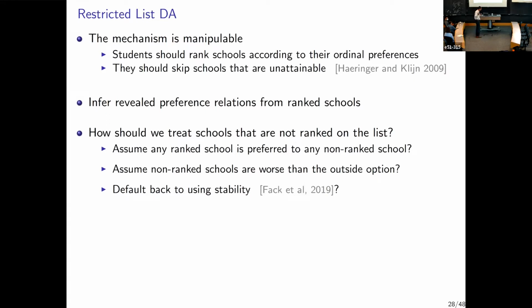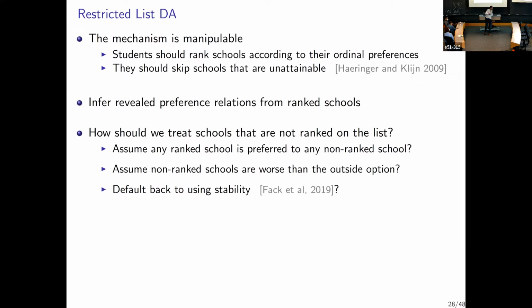Now, this is a paper that I was mentioning earlier by Fack, Grenet and He, where they say, look, even if you have a full report, if you're willing to assume that you end up with a stable allocation, then you can go back and essentially apply the stability approach that I said before.